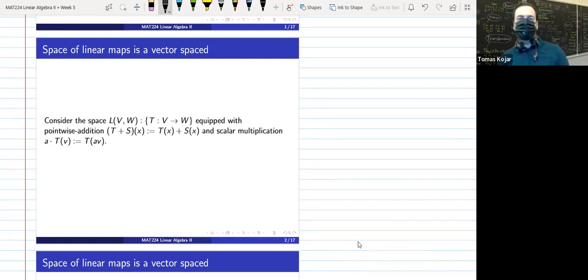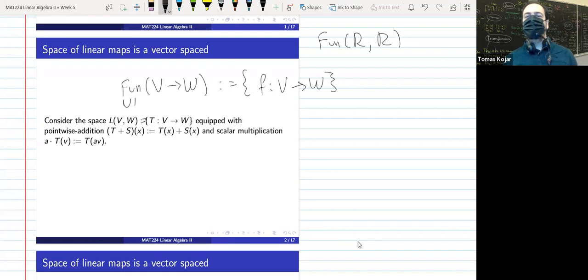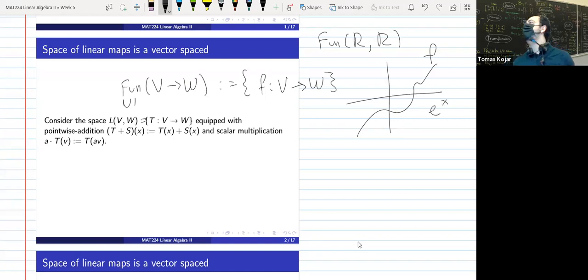You should think of this as being inside functions from V to W. The simplest case was functions R to R, just graphs, but they can be non-linear, like exponential.